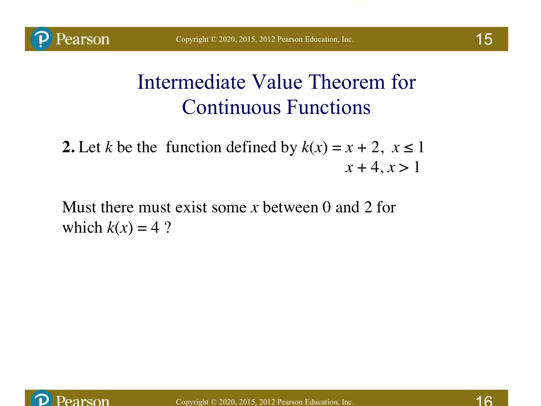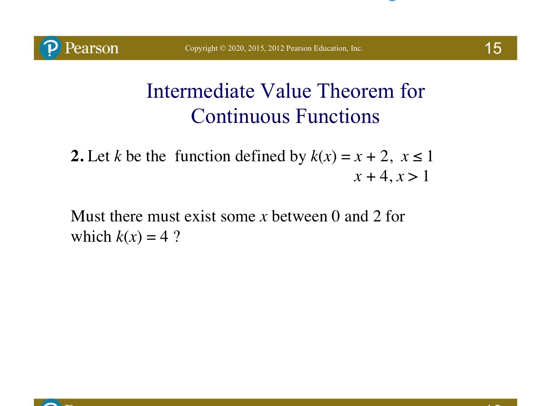Okay, let's look at it again. Let k be a piecewise function, so we have two parts. We have one linear function going to the left, and a different linear function going to the right. Must there exist some x between 0 and 2 for which k is equal to 4?